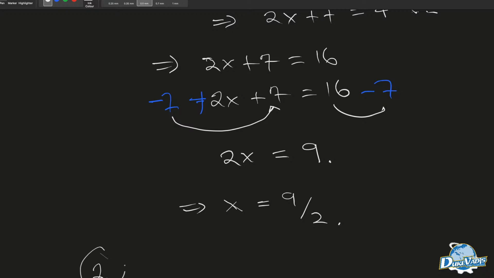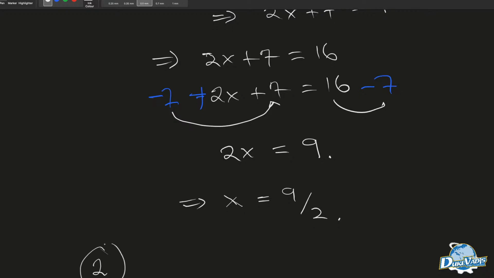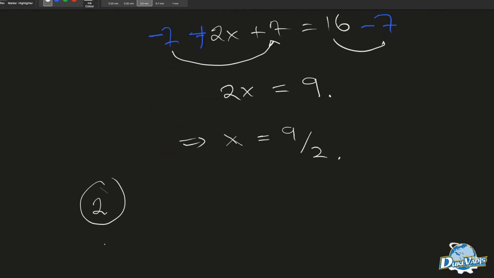Equation number 2 is another interesting one. It's the natural log of the square root of 5x minus 4 equals 3.